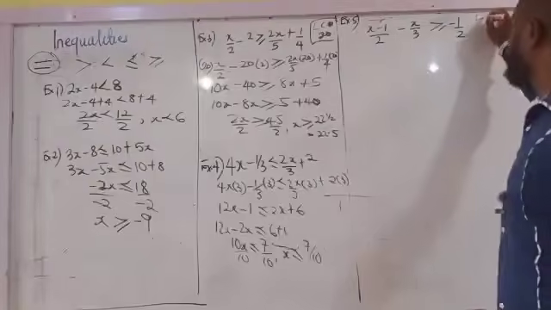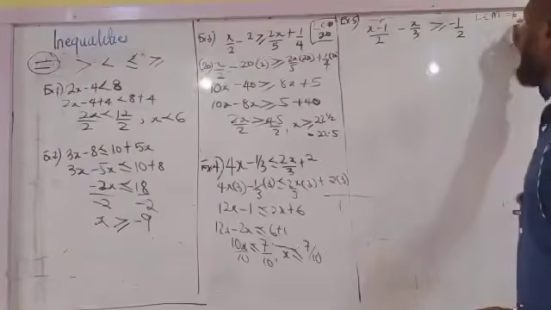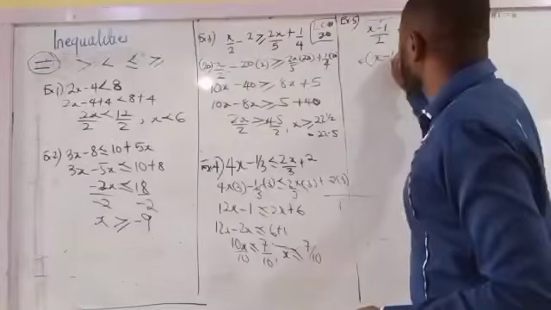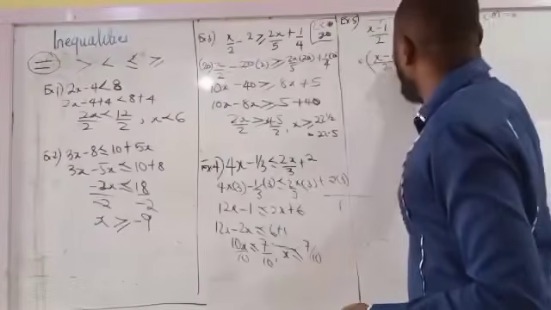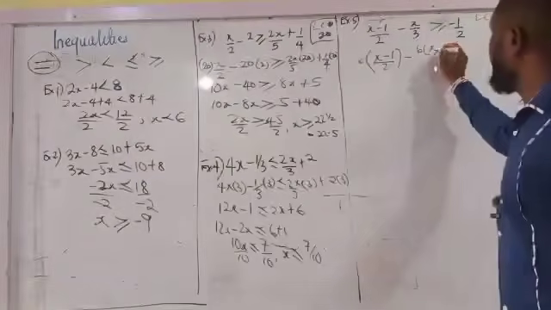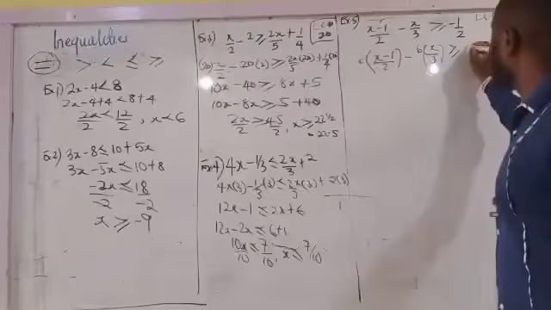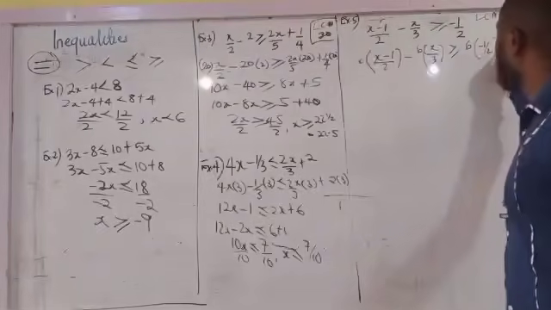Example 5 here, as it is a fraction, my LCM here is 6. So I multiply everything by 6. I'll do it for 6x minus 1 over 2, carrying across both, then 6 bracket x over 3 greater than or equal to 6 bracket minus half.